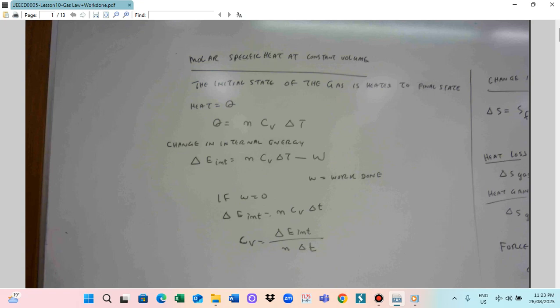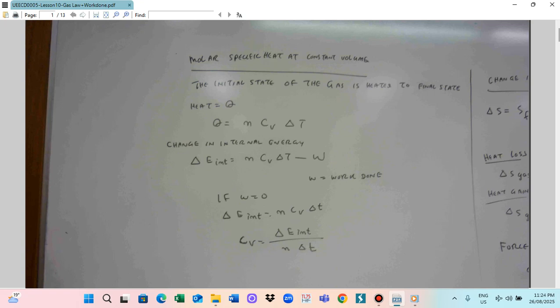In this case, the heat is Q. Q can be calculated as n Cv times delta T, where n is the number of moles, Cv is the corresponding value, and delta T is the change in temperature. In the meantime, we can also find the change in internal energy.